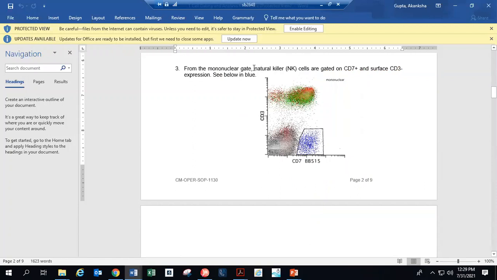Natural killer cells will be gated on CD7 positive and surface CD3 negative expression. And there are other ways that you can gate on the natural killer cells as well.